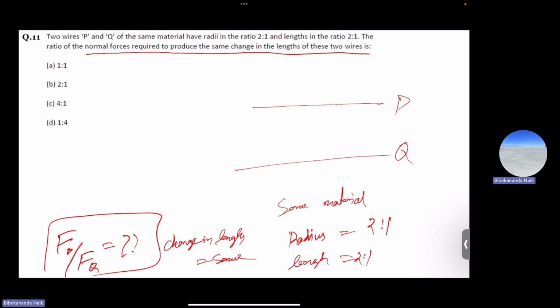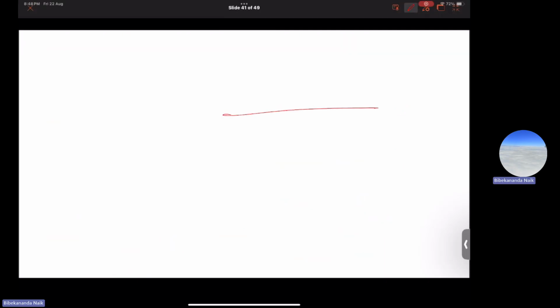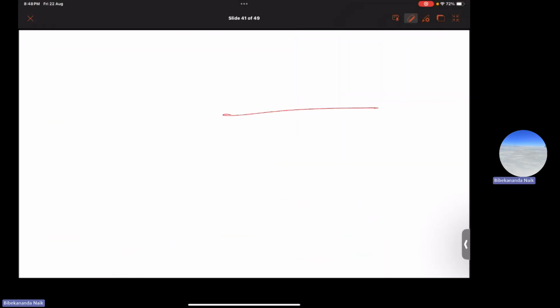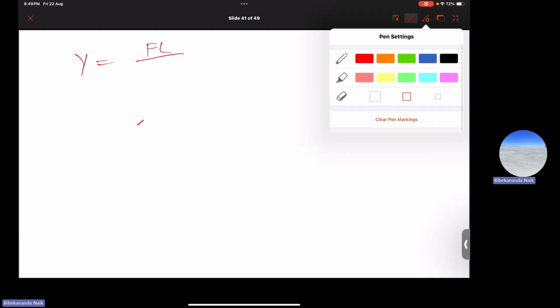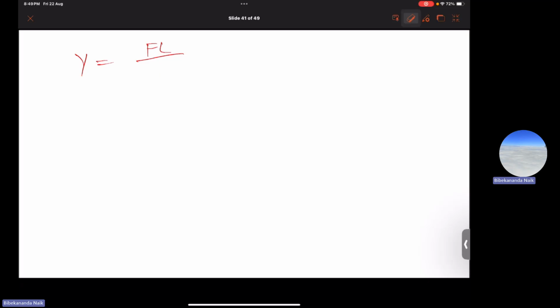So if we solve it, again we know Y equals FL divided by AL.